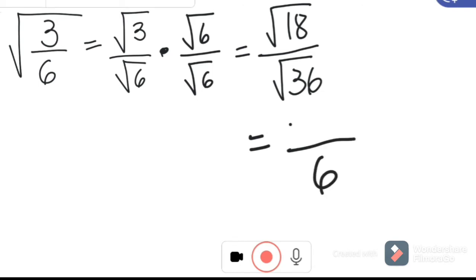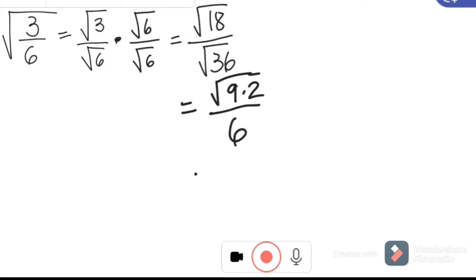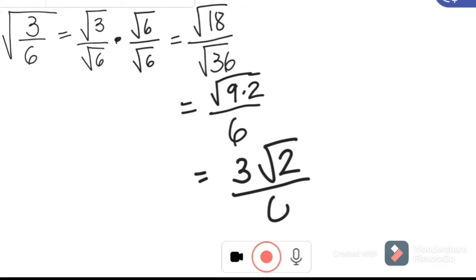And our numerator, square root of 18, can be factored as 9 times 2, right? And then we simplify. The square root of 9 is 3, and we have the radical 2. And in the denominator, we have 6.